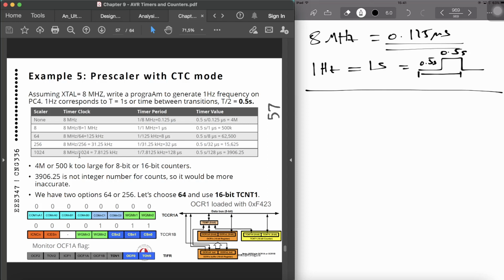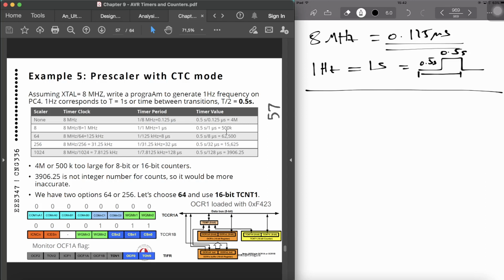And 1024 gives us 7.8 kilohertz and 128 microseconds, which gives us 3,906.25. Now, these two are too large, and this one is not an integer, so we just have two alternatives, either 64 or 256.